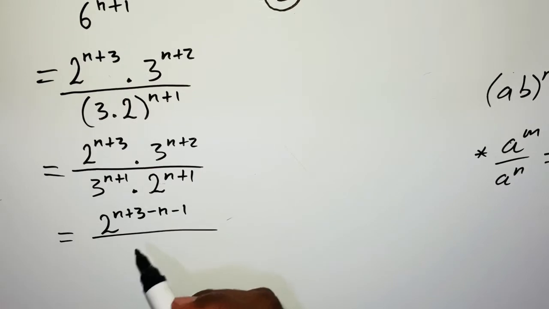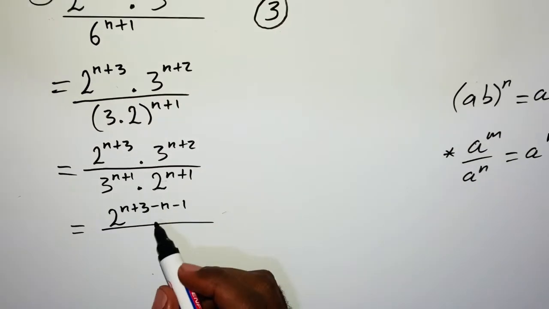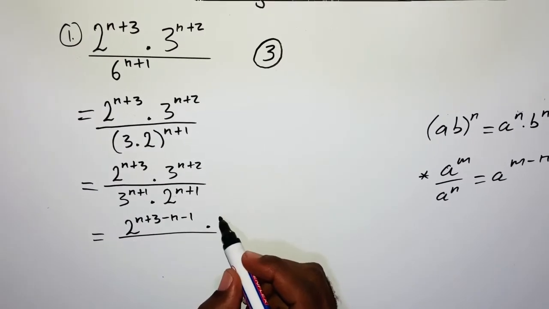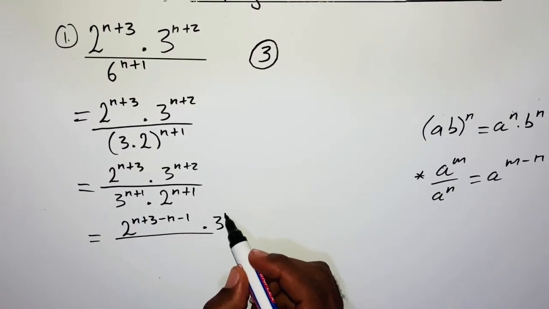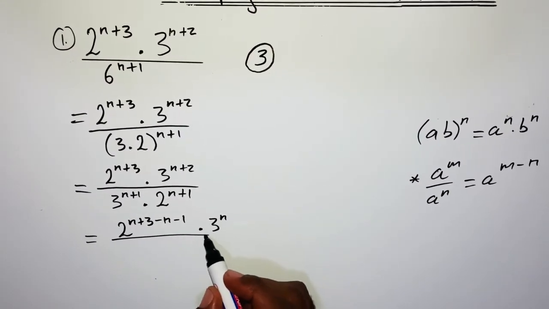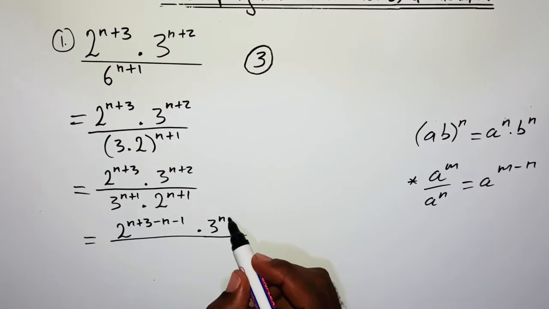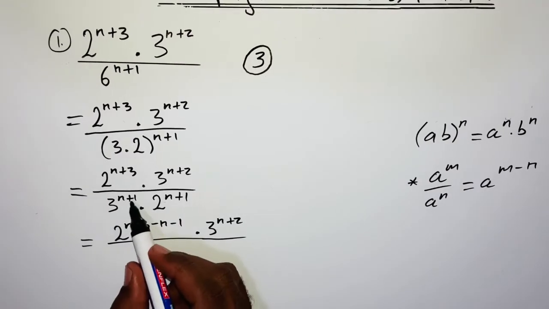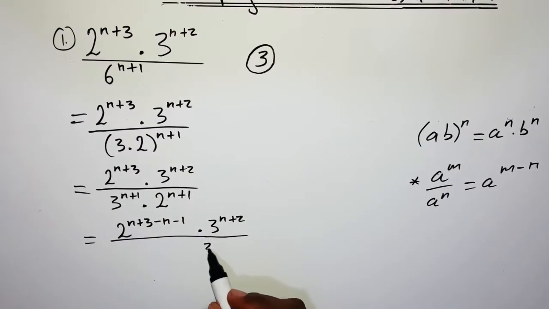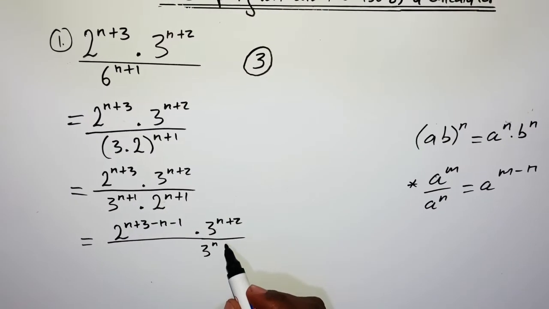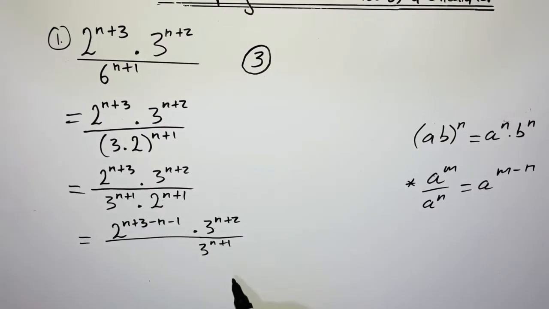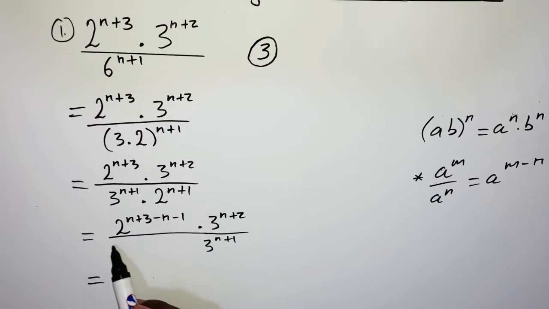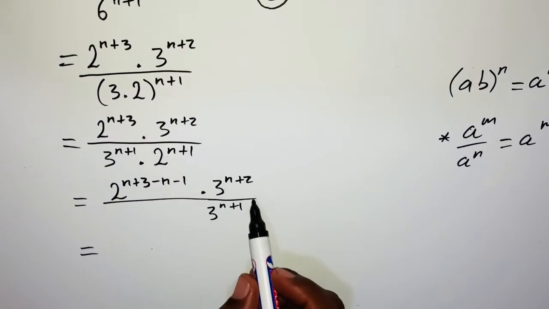And then let me just take this down as it is before we get to change the 3 as well: 3 to the n plus 2. Underneath, I now have 3 to the n plus 1, of which from here I'll now remove my fraction.